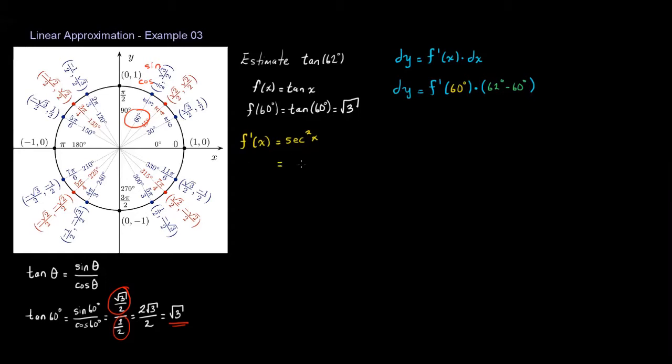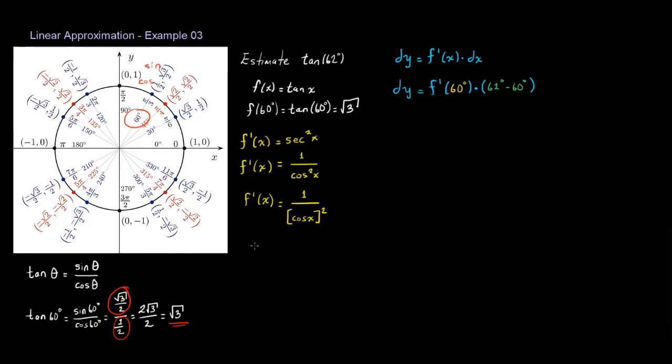In other words, this f prime of x can be written as 1 over cosine of x squared. So now we got the f prime of x.